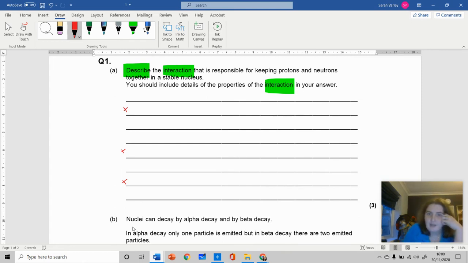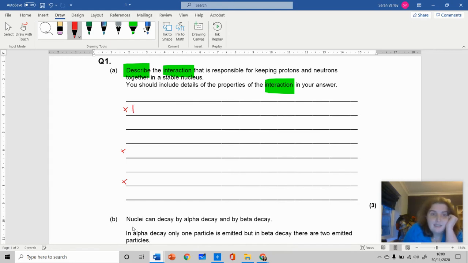They're saying interaction. So for a particle physics question, talking about interaction means things like the strong, the weak, or the electromagnetic, okay? So if you're dealing with protons and neutrons, you're dealing with hadrons and only hadrons. Therefore, describe the interaction that's responsible for keeping protons and neutrons together in a stable nucleus.